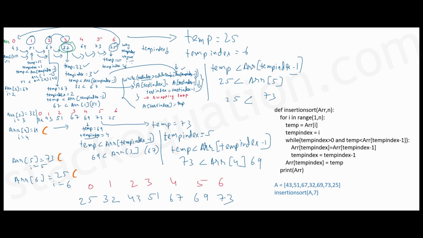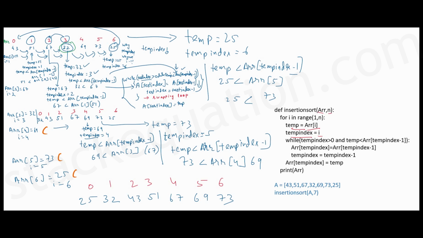And then we print the array. And in Python it works like this. We pass the array with its size, and it runs the loop from 1 to n, right? We store each element in temporary, and the index in temporary index, and we run that same loop.